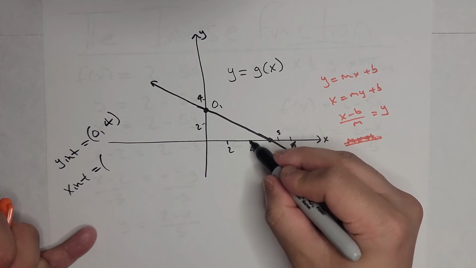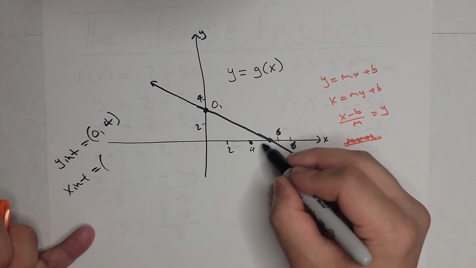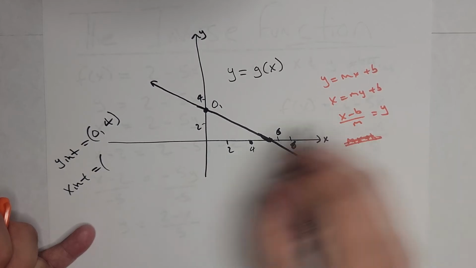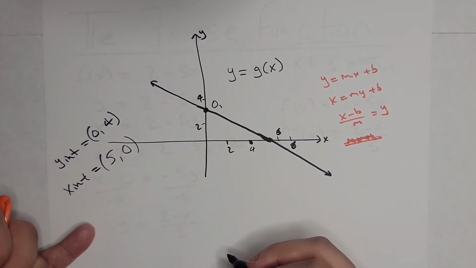I'm a little bit off here, but it's okay. Let's put that as 6. Our x-intercept is 5, comma 0.